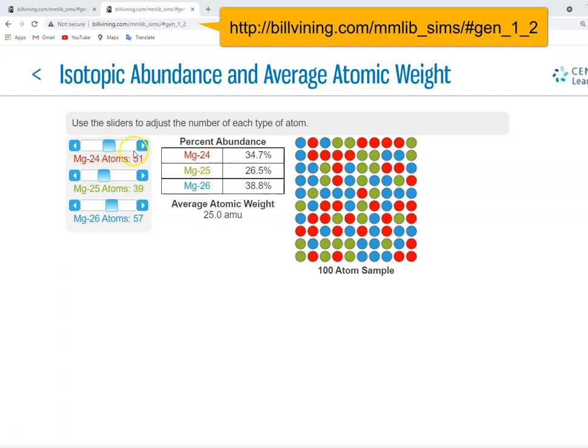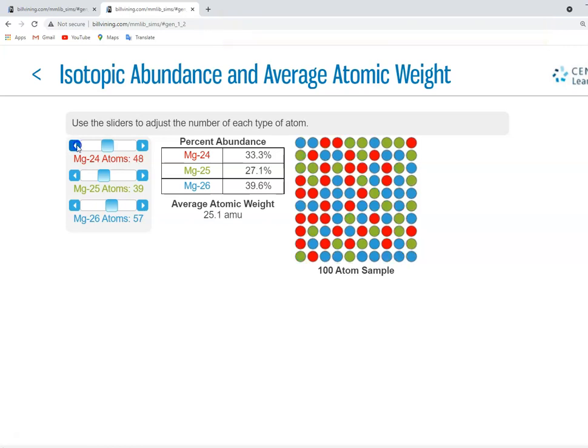And we're going to change the percentage. So this is the typical relative abundance of each type of these magnesium isotopes. But I'm going to change this, right? So then we're going to change the relative abundance, and we're going to reduce the number of these with the 12 protons and 12 neutrons.